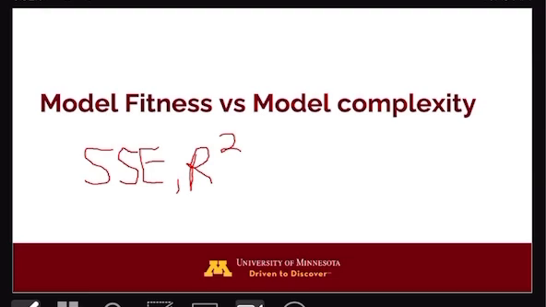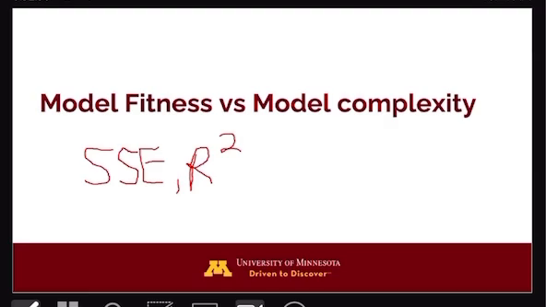Even though I trust R squared as a measure of fitness, for complexity I can no longer trust R squared. Why? Can somebody tell me? Okay. Overfitting. Okay. Now, you are very close.